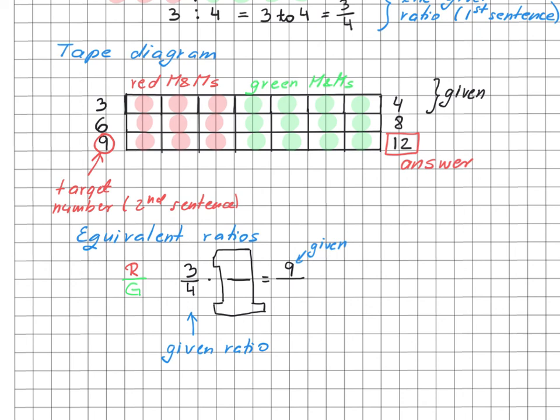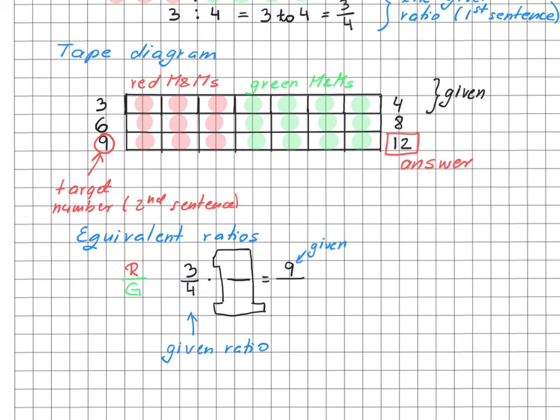In the tape diagram, I had 3 red M&Ms and 4 green M&Ms. So that was the given ratio, 3:4. Here is in the horizontal direction, and down here it's going to be in the vertical direction, 3:4. So this is my given ratio.